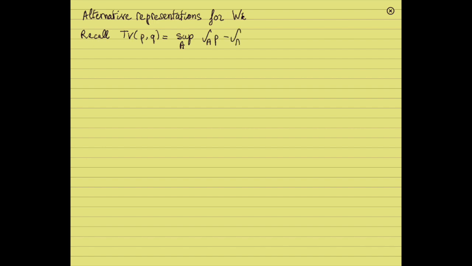The starting point was the definition in terms of the supremum over a set A. But we've also seen that it was equivalent to the infimum over all couplings of the probability that X is different than Y. It was also related to the integral of the absolute value of the difference between P and Q. There was, I believe, a factor 1/2 in front of that, to be checked.